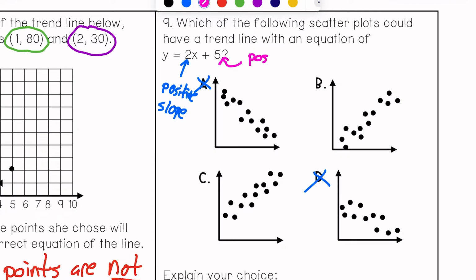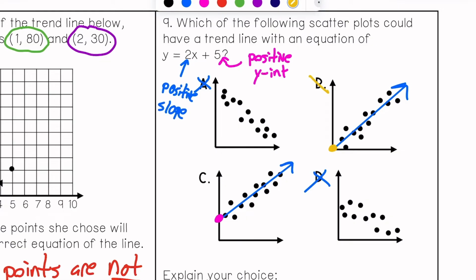So if you actually draw the trend lines for our 2 remaining choices, so there's the trend line for C, and it would cross right about there, the y-axis. And if you draw the trend line for B, it would cross right there. So only one of those could be crossing at a positive.